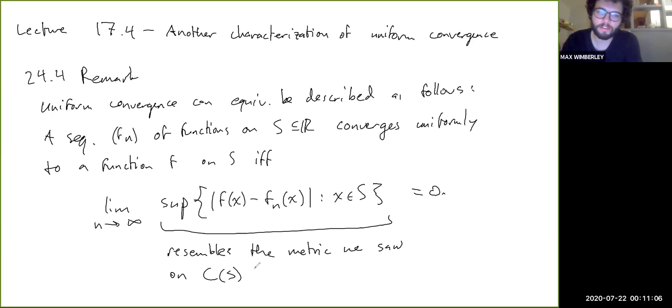Of course, in that case all the functions were bounded and continuous, which limited the scope of the definition.